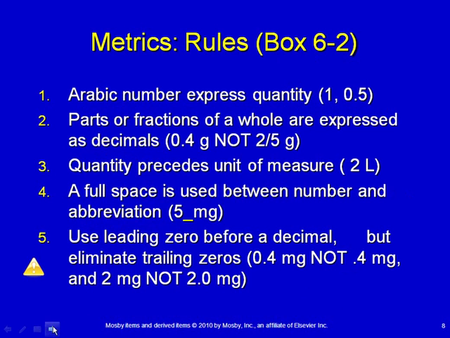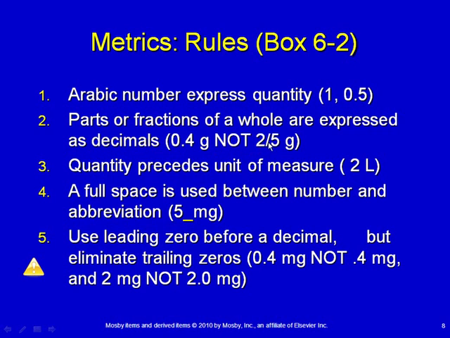Now with your rules, I've already told you that we express them as Arabic numbers, numerical values. We use decimals, not fractions. So if we have a fraction such as 2/5, we would divide 5 into 2 and get 0.4 grams.